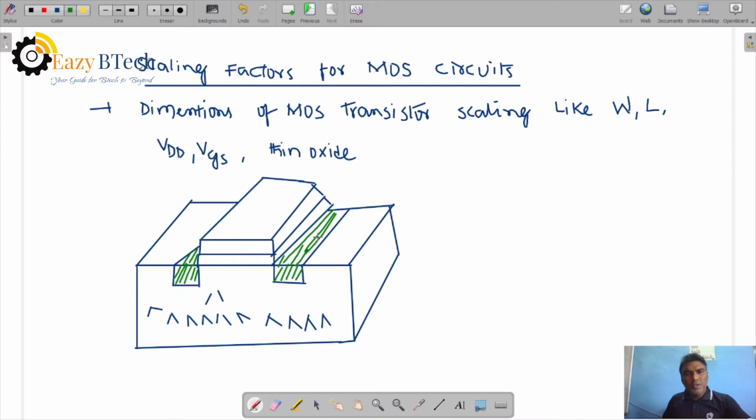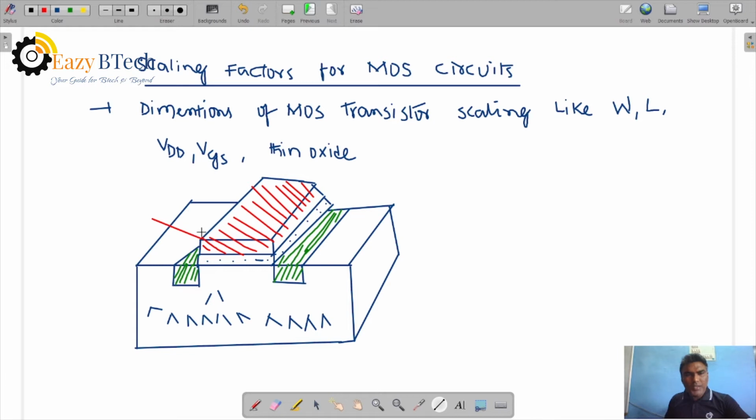This is SiO2 layer. And we have polysilicon. This is a polysilicon. So we can reduce the dimensions of this MOS transistor.